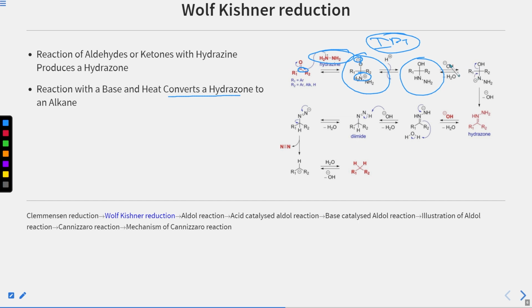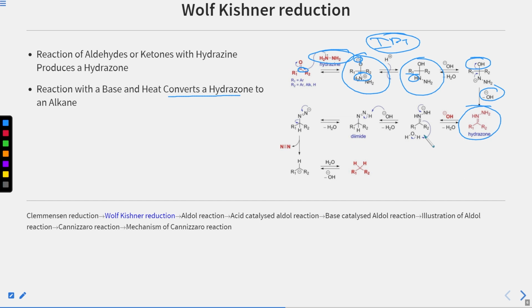Now that base will take one H plus from here, and this will kick out. So after this negative charge is developed, it's transferred between carbon and nitrogen, creating an imine, and at the same time this OH minus is kicked out. Clear?